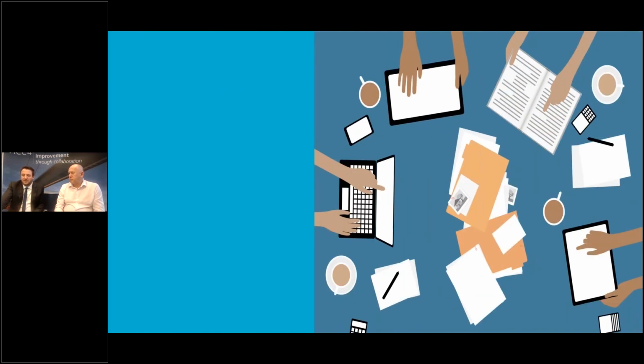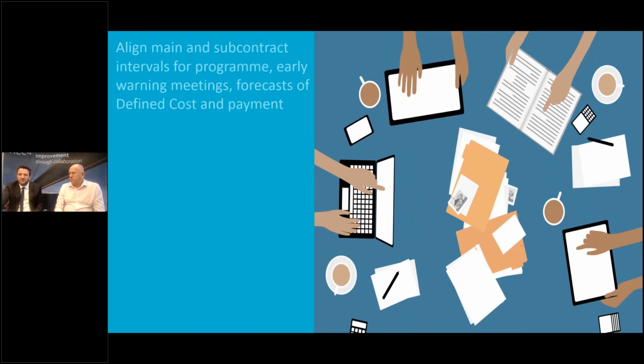So what does that look like? Well, I think there's loads of things that we can do to get that synergy, get that efficiency going. Some that just sprung to mind when we were putting this together: we've got these various intervals in contract data for submitting programmes, payment assessments, early warnings, having meetings between early warning meetings. If we can get these intervals aligned, might not necessarily all be on the same date, but presumably you might want one slightly before the other.